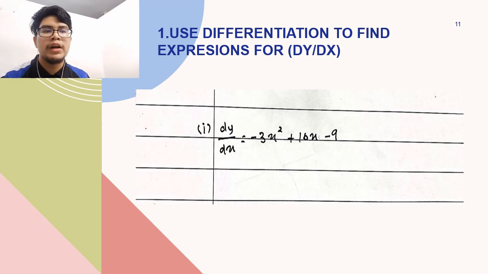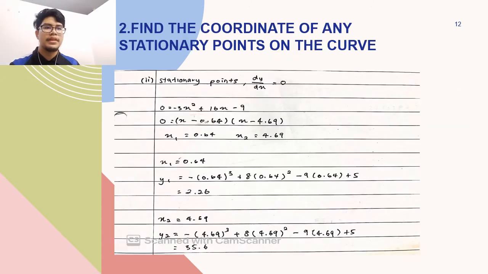So we differentiate, and dy/dx equals negative 3x² plus 16x minus 9. Now we move on to the second question.